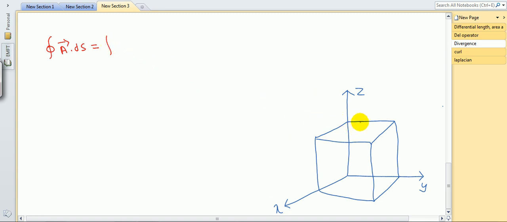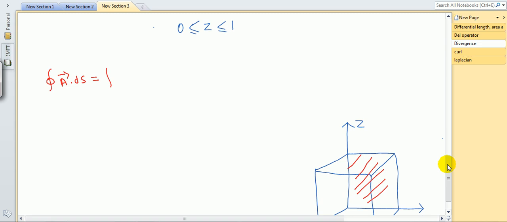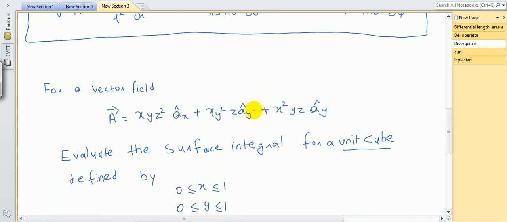Let us see. If I talk about this surface, the behind one, here the value of x is 0. So the A field becomes 0 because in every component there is x. Similarly, in every component there is y and z also.